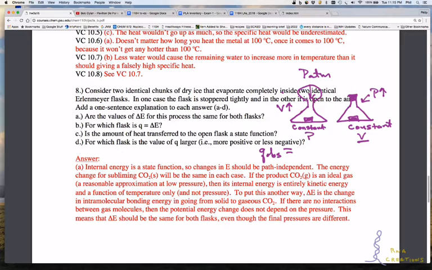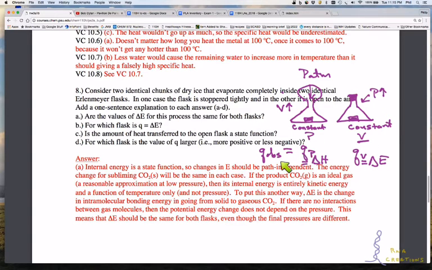In this one, the heat that you observe is going to be Q sub P, and in the constant volume, stoppered flask, it's going to be Q sub V. So we're going to observe delta H here, because Q sub P is delta H, and here we're going to observe delta E.